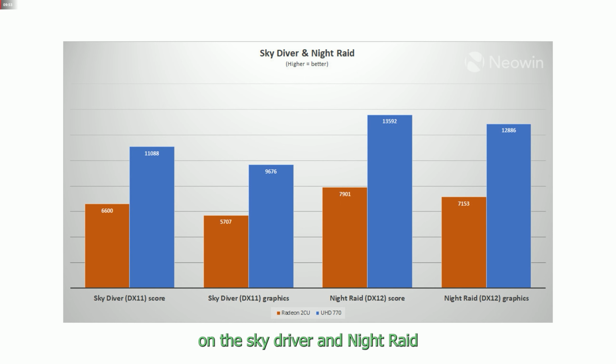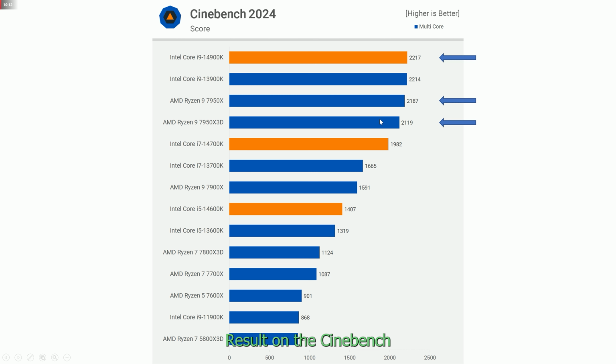On Skydiver and Nitrate, higher is better, and the Intel 14900K with the internal graphics UHD 770 gets a much better result. On Cinebench 2024, you can see the Core i9 14900K on multi-core gets a better result.